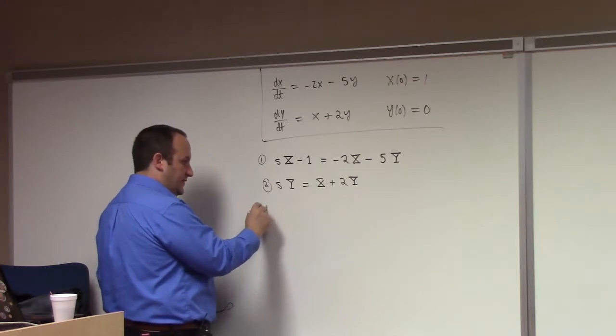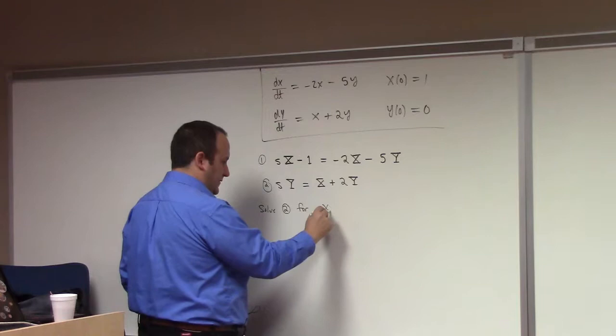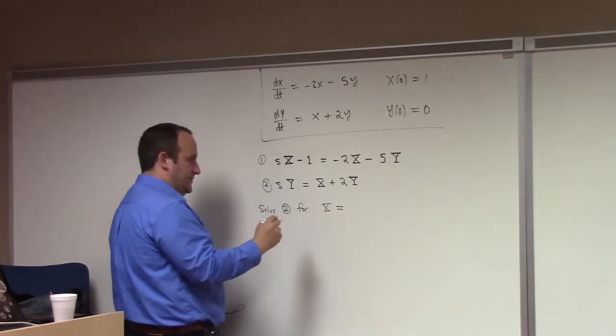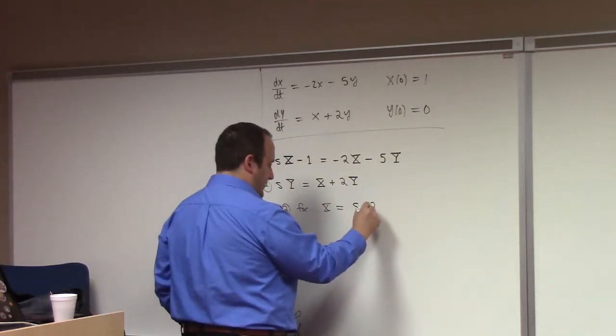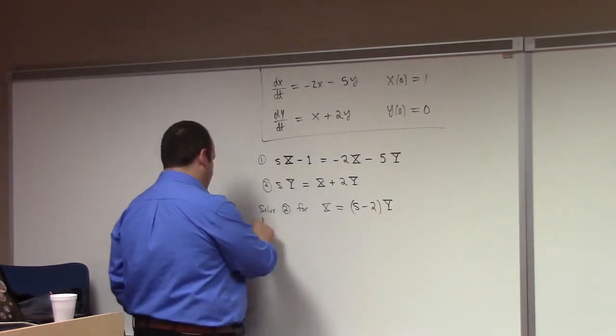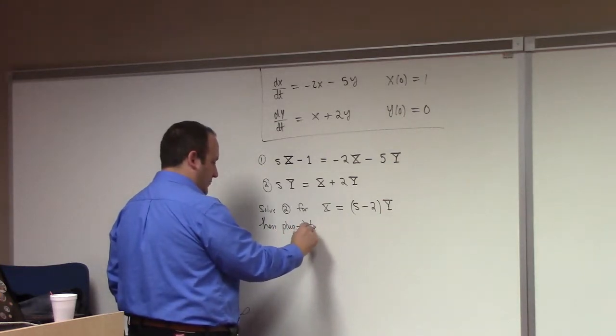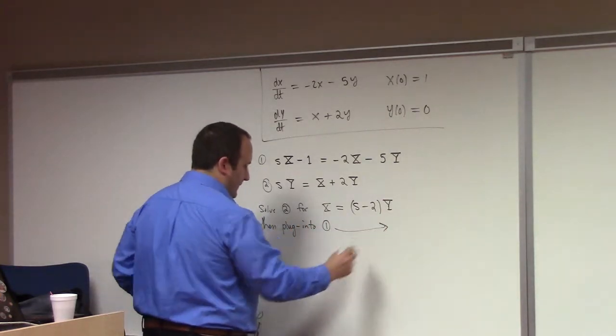Let's call this equation 1, equation 2. So we can solve 2 for X. X equals S minus 2 times big Y, right? Then plug into 1. What's that give us?